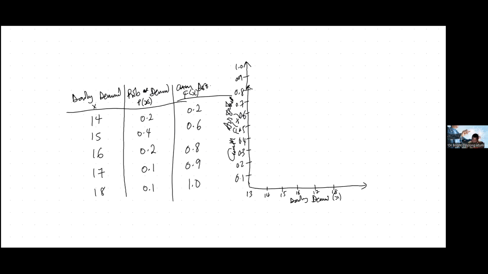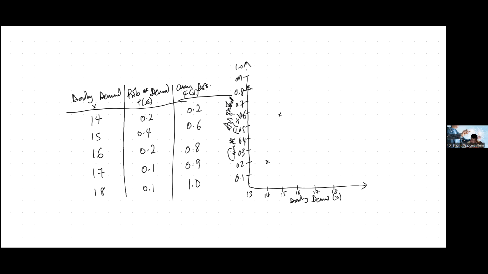So we have that, so we can plot 14 and 0.2, which is here. Then we can plot 15 and 0.6, which is somewhere here. 16 and 0.8.